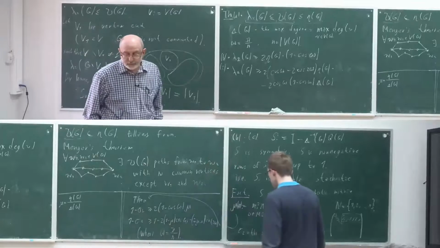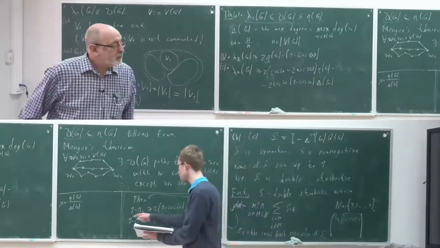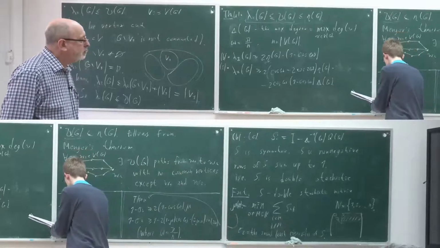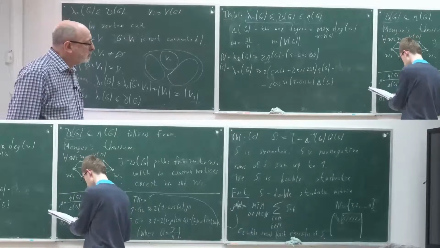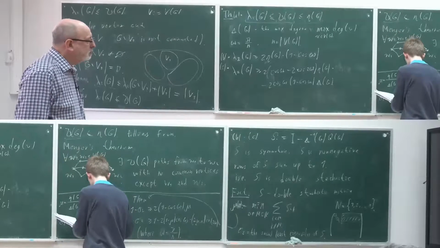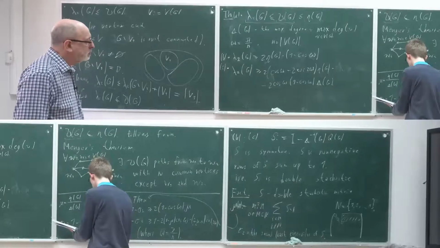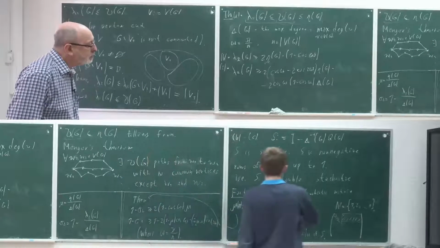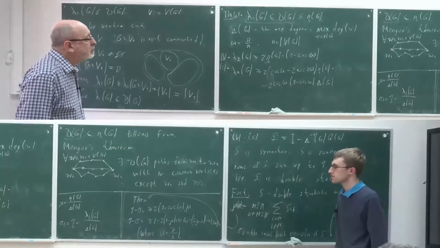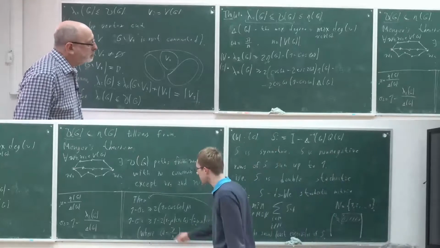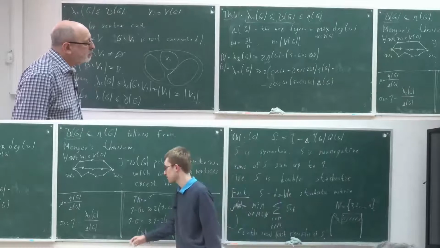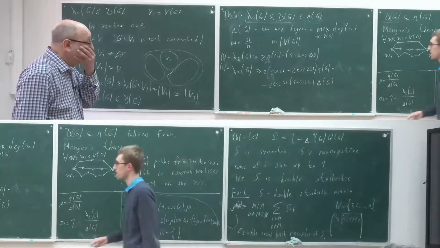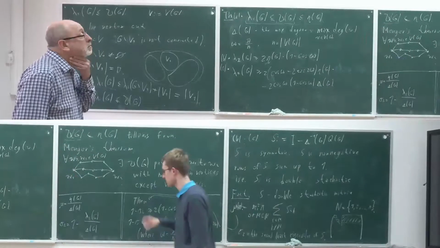And also I claim that lambda 2 is also connected with sigma 2, namely sigma 2 equals 1 minus lambda 2 divided by the maximal degree. Okay, this equality is almost clear from the definition, and it is easy to check. And if we substitute here sigma 2 as the following and mu as the following, then we will obtain this result. Just some technical computation.